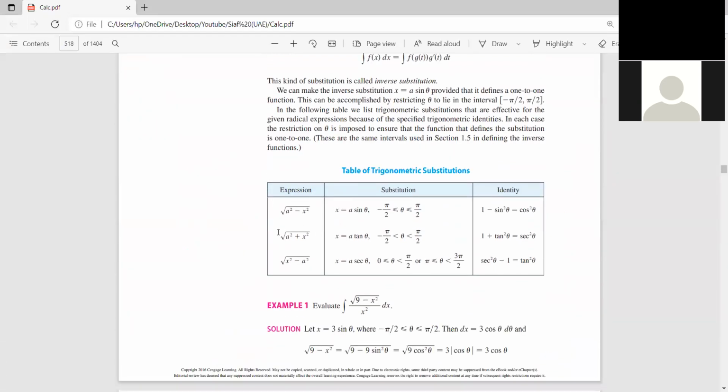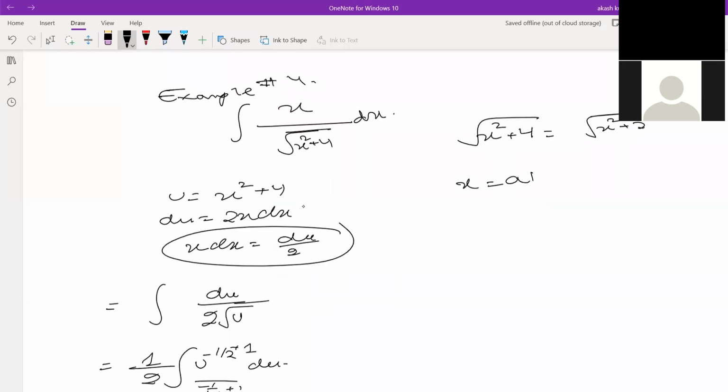Yes, x squared plus a squared. So instead of x, we can write a tan theta, and our a is 2.